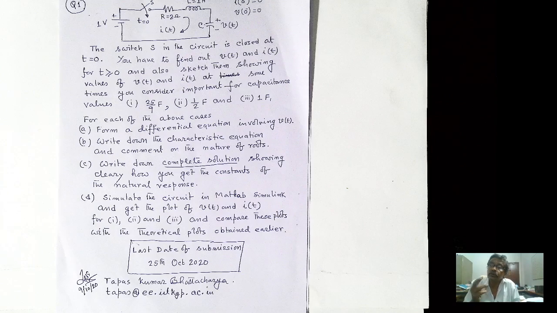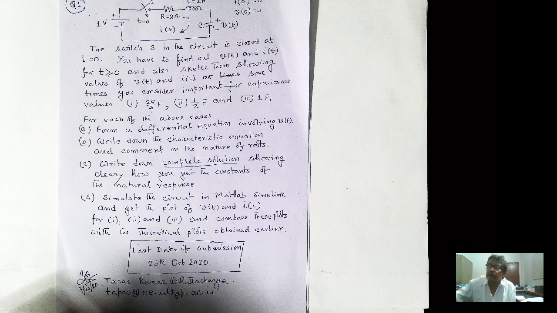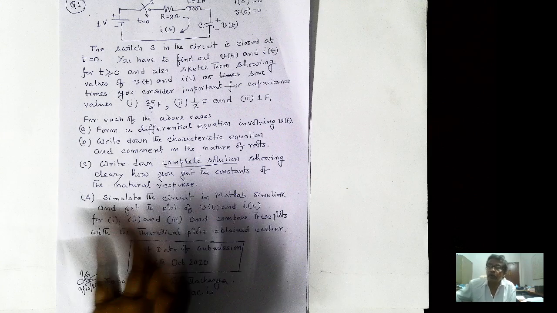There you should include only 3 things. One is the circuit diagram. You need not take a printout, you just save it and send it to me. And the circuit and the 2 plots.